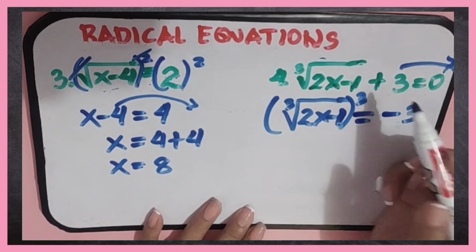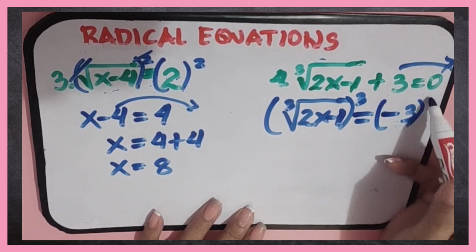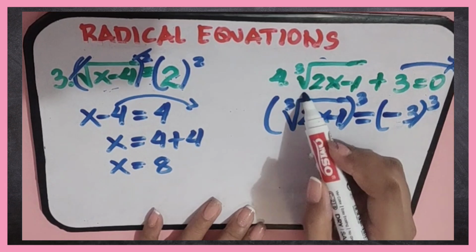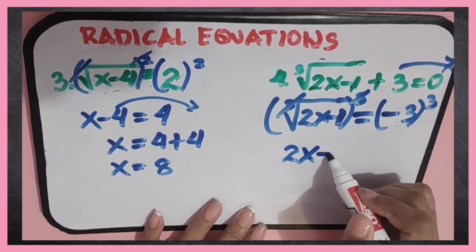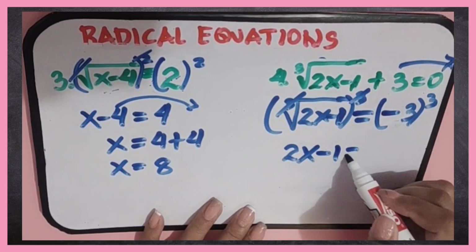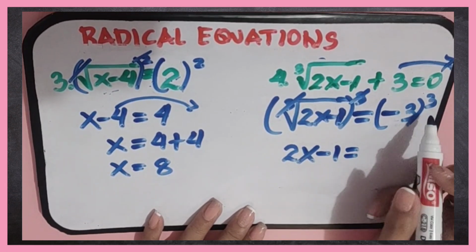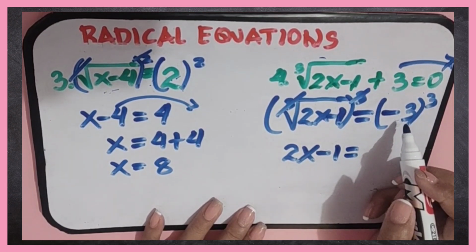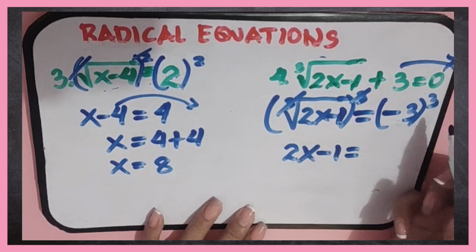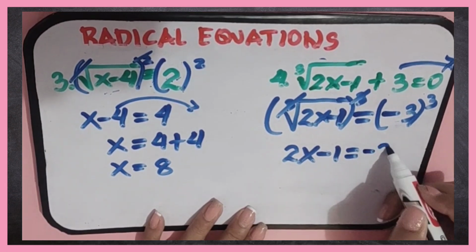Then get the cube of both sides. Of course, cancel. So the remaining is 2x minus 1 equals the value of negative 3 cubed. So negative 3 times negative 3 is positive 9, times negative 3 is negative 27.